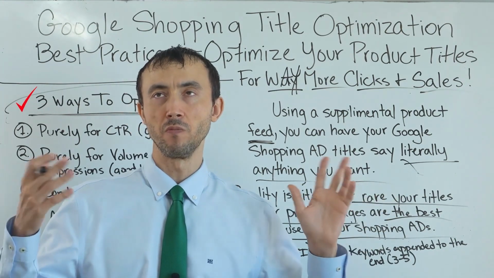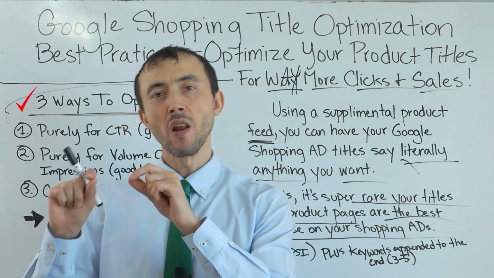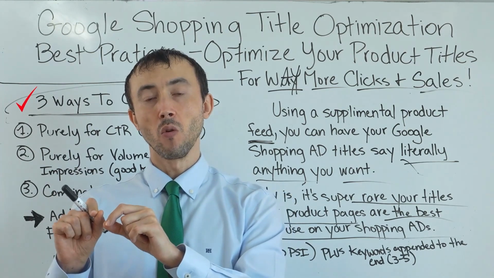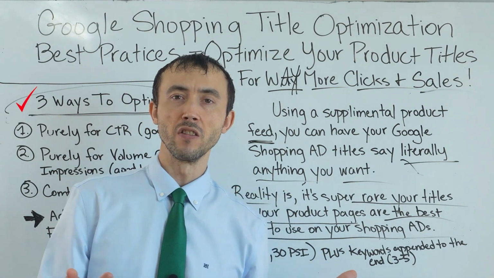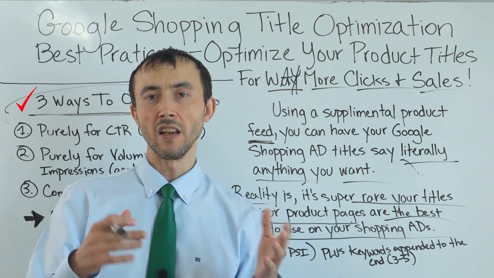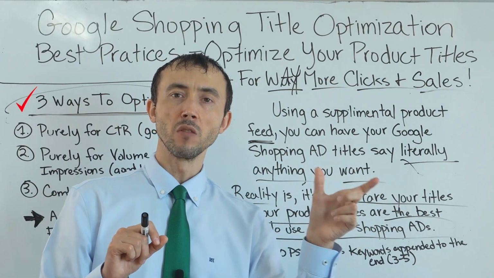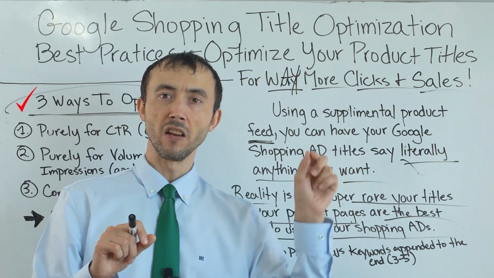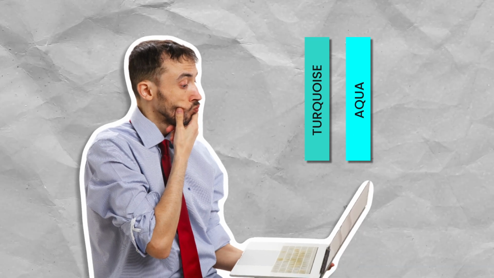I just remember how we basically did this with the colors. There's whatever specific shade it is, or various shades, like for instance, there's blue and then there's turquoise, right? So in that case we would take the product title, and instead of having the title say just blue wallboard, it would say blue wallboard, then a vertical bar, then the word turquoise, and then the word aqua after it.